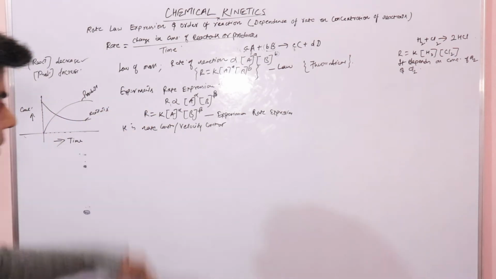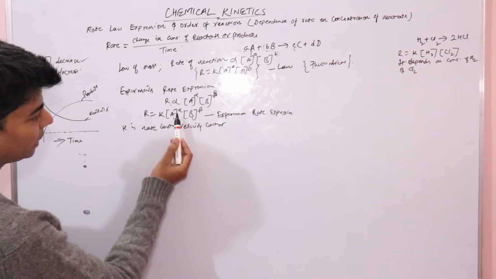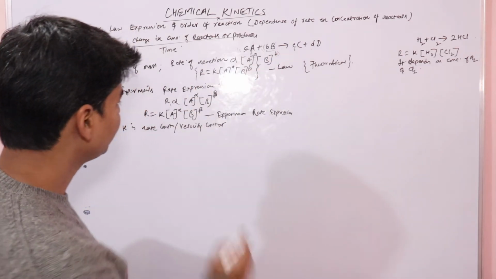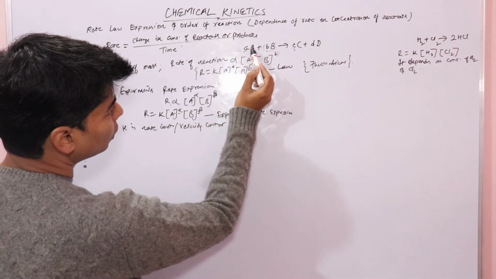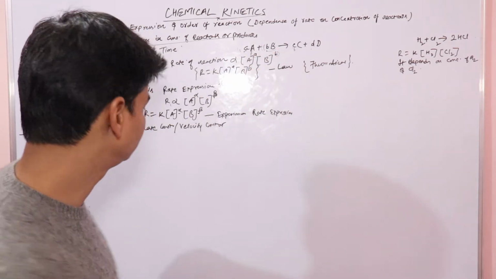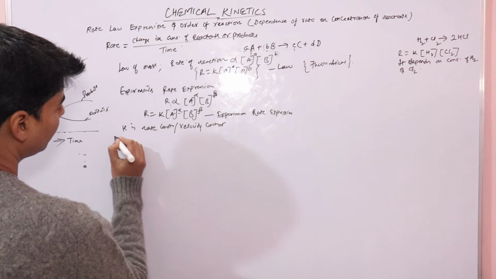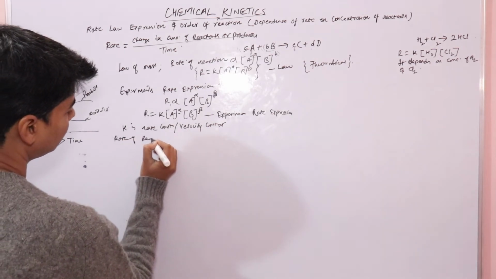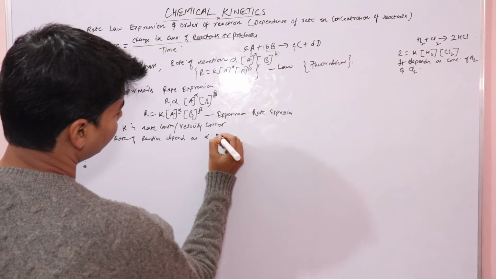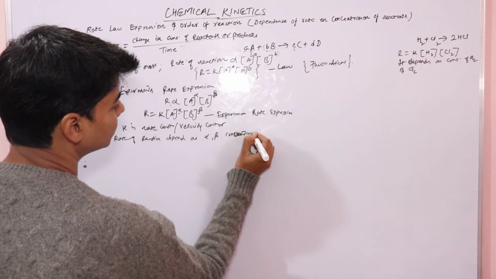Now this means, as per the rate expression determined experimentally, the rate of reaction depends on alpha moles of A and beta moles of B. That is, it does not depend upon the total moles of A and total moles of B. So the rate of reaction depends on alpha and beta concentration terms.